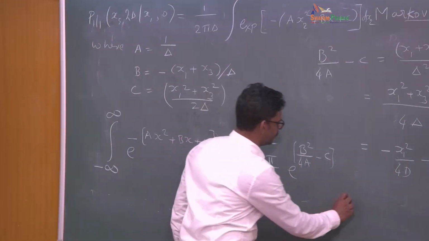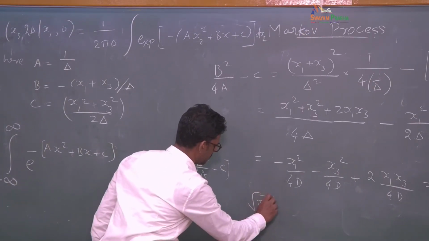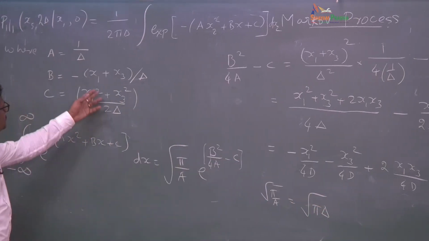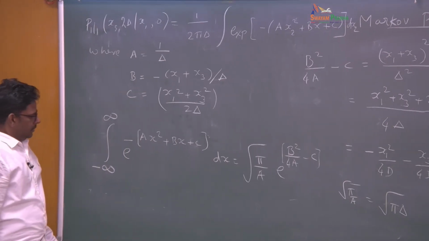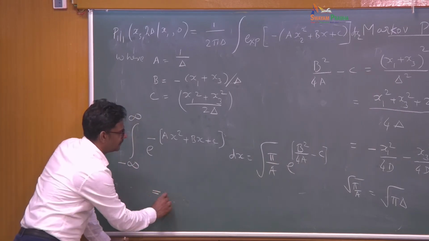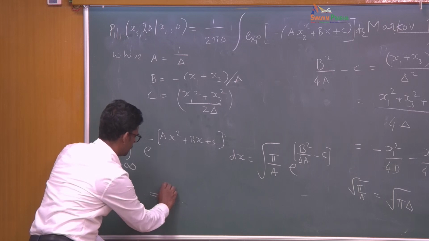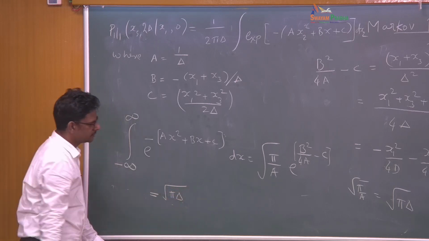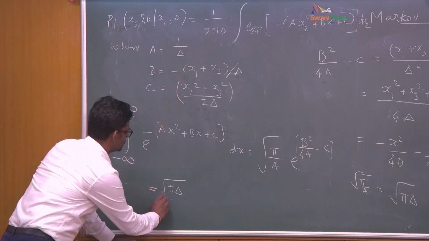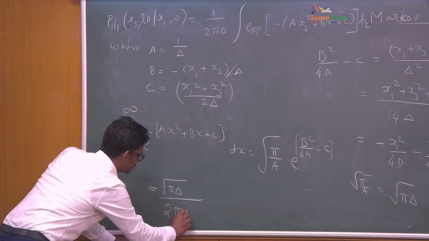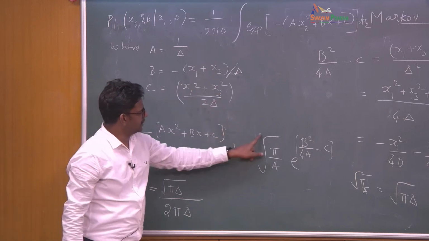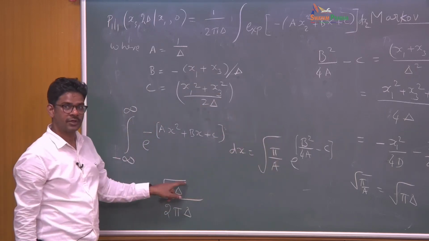And this term square root of pi by a is nothing but square root of pi delta, because a is just 1 by delta. So when I substitute all these things here, we get square root of pi delta. There is one more term we also have to include: the prefactor, which is 1 by 2 pi delta. Then this square root of pi by a is square root of pi delta.